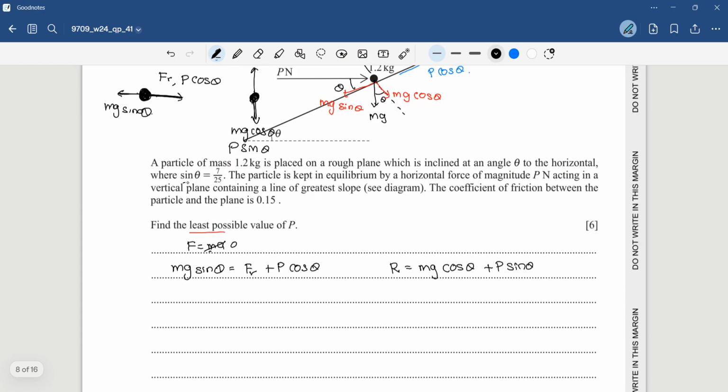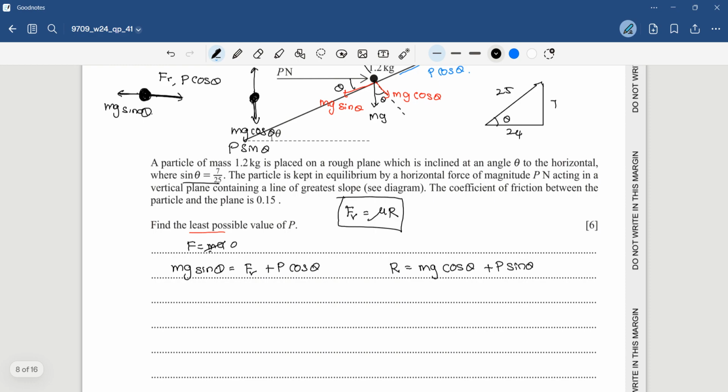So from here we can draw a right-angled triangle. So here is theta, 24 is here. And we must know that my frictional force is equivalent to mu R. You must know this.